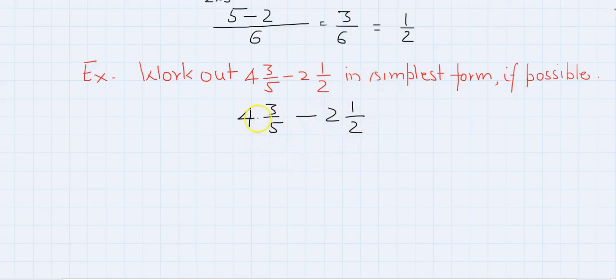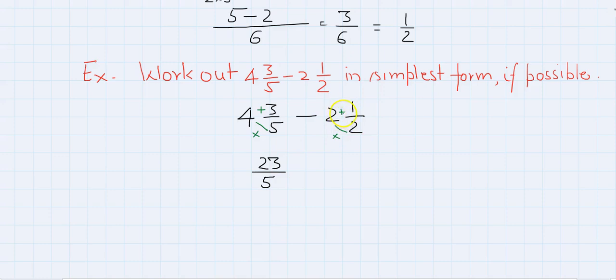First we make it an improper fraction. What we do is we multiply and then we add. So 4 times 5 is 20 plus 3, that is 23 over 5.